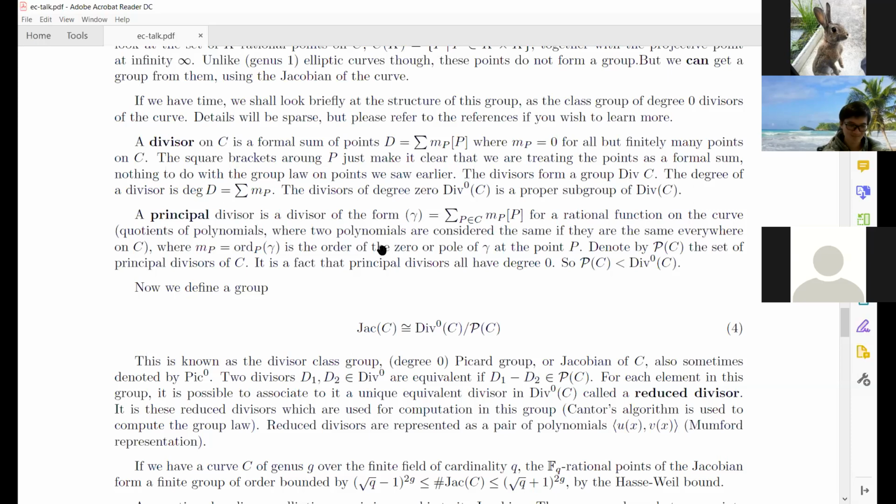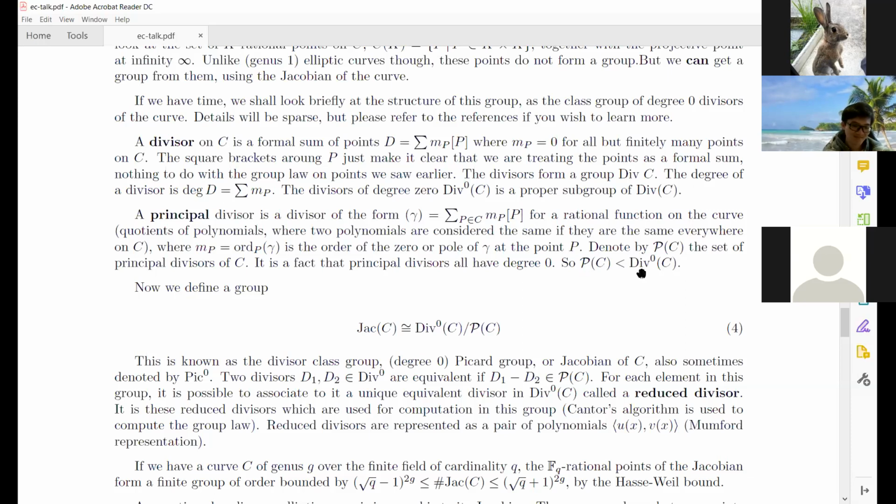And anywhere that it has a 0, you would write the order of that 0 times the point that gives you that 0. And anywhere that it's got a pole, you would write the negative of the order of that pole times the point that gives you the pole. And it turns out that all of the principal divisors of this form, from rational functions, have degree 0, and they're actually a subgroup of the divisors of degree 0 on the curve.